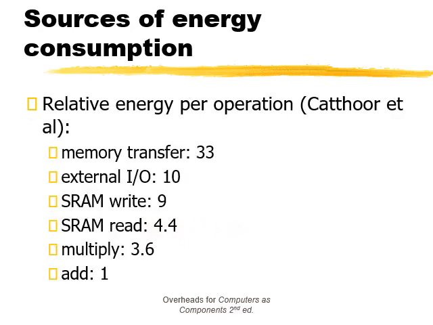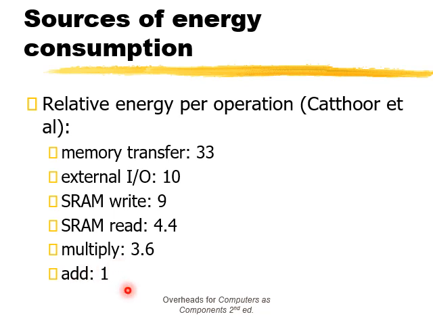In this slide we are going to talk about the sources of energy consumption. According to Catthoor et al., relative energy per operation: memory transfer will take 33%, external input output will take 10%, SDRAM write will take 9, SDRAM read will take 4.4, multiply will take 3.6, and add will take 1.